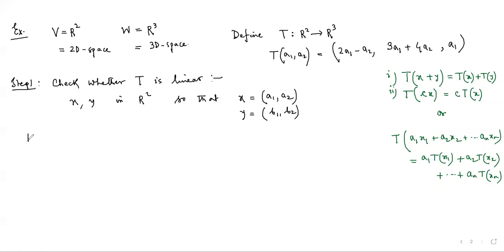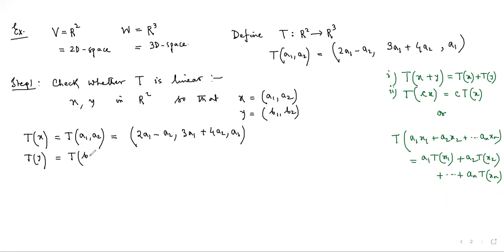Now T of x is T of (a1, a2), and by definition this is (2a1 minus a2, 3a1 plus 4a2, a1). T of y is T of (b1, b2), which is (2b1 minus b2, 3b1 plus 4b2, b1).